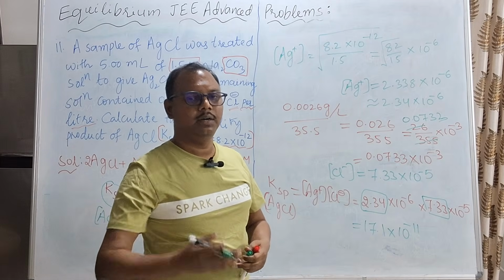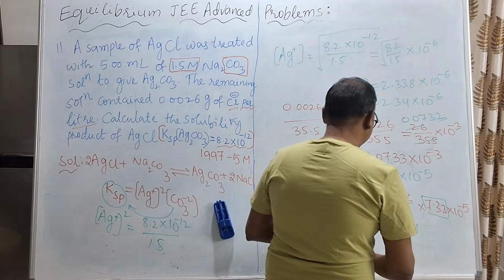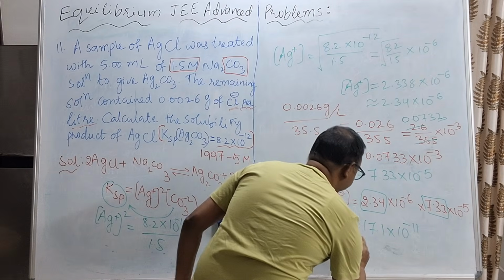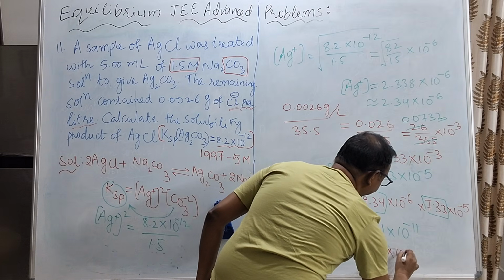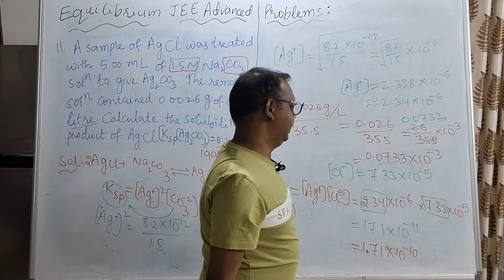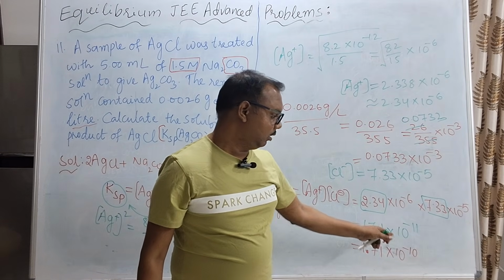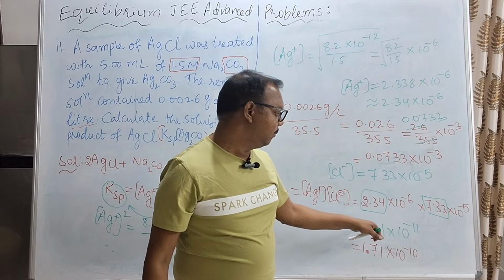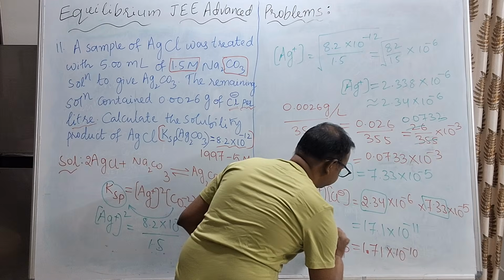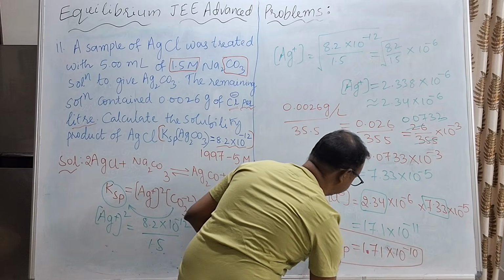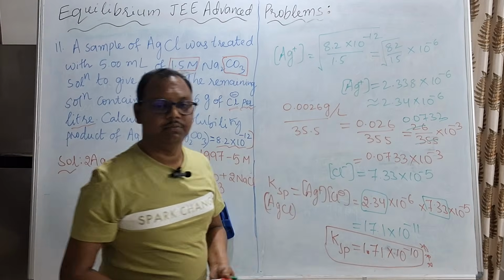Again we have to express in scientific notation. Therefore the final value becomes 1.71 into 10 power minus 10. This is the final answer of Ksp. The Ksp of the remaining solution is 1.71 into 10 power minus 10. We have to keep that in mind.